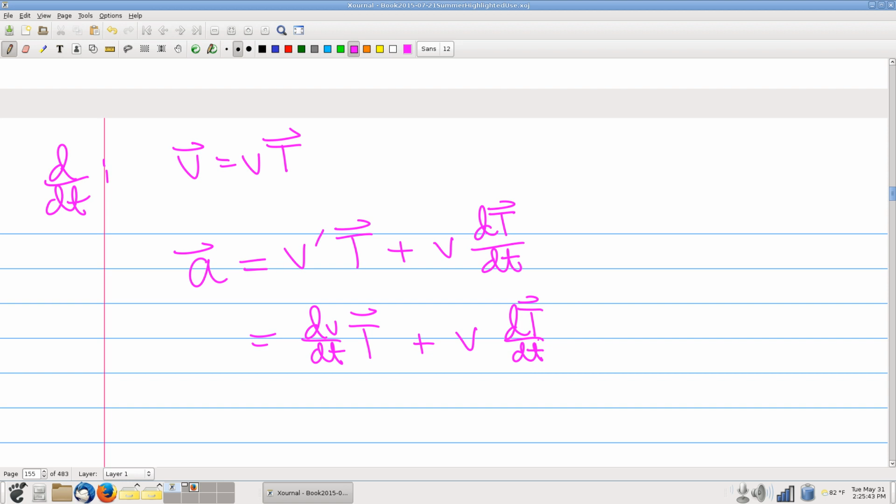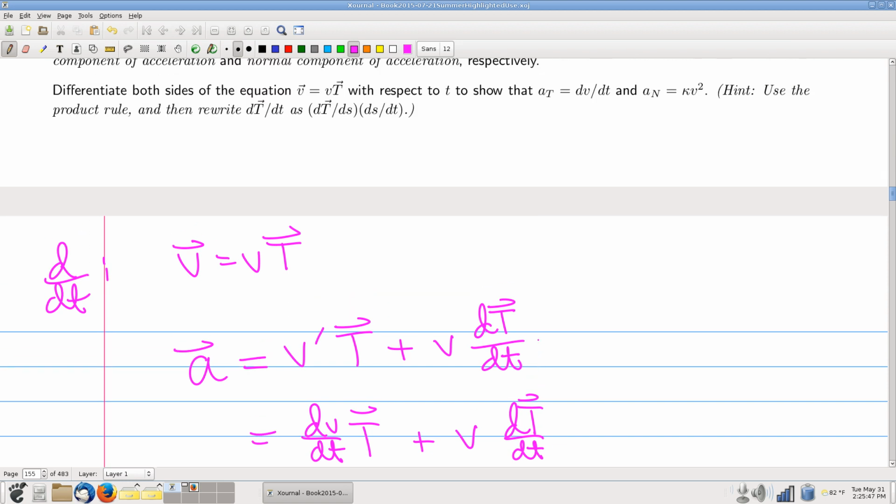Okay. Now let's look up and see how we're doing. Okay, so we did the differentiating of that equation, and we were supposed to come up with the tangential component being dv dt. Well, wait a second, what is the tangential component?